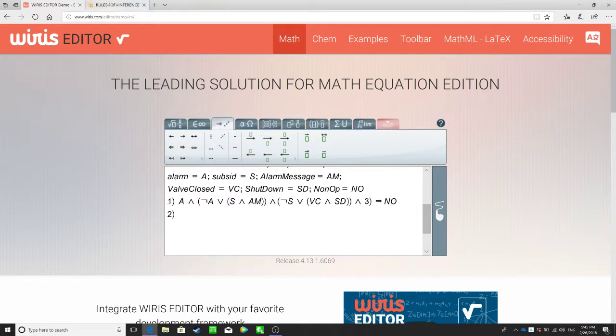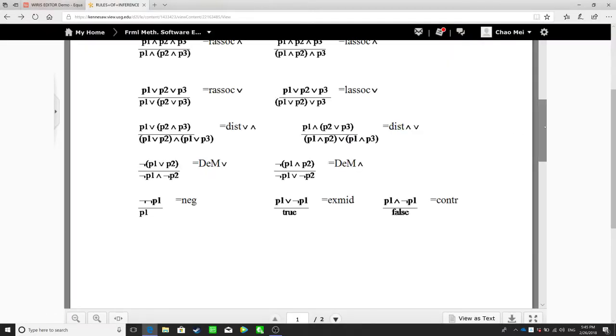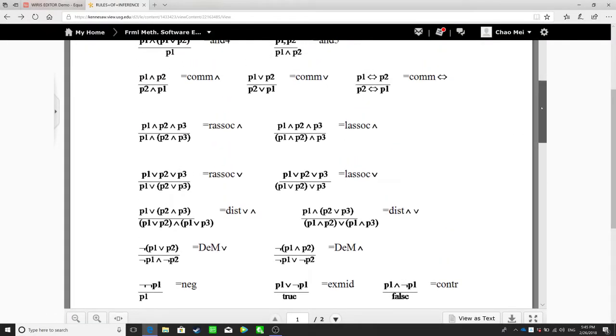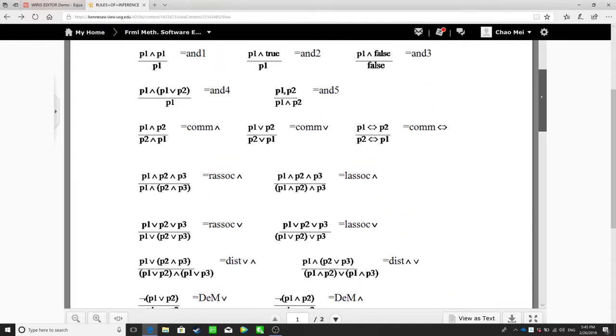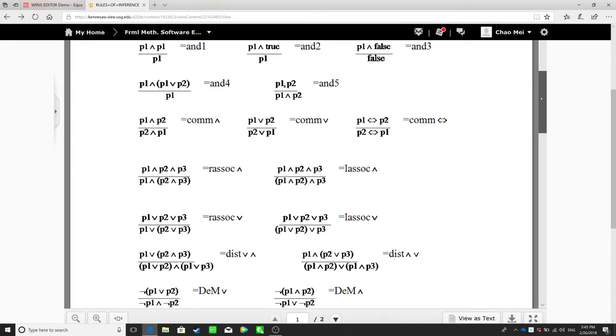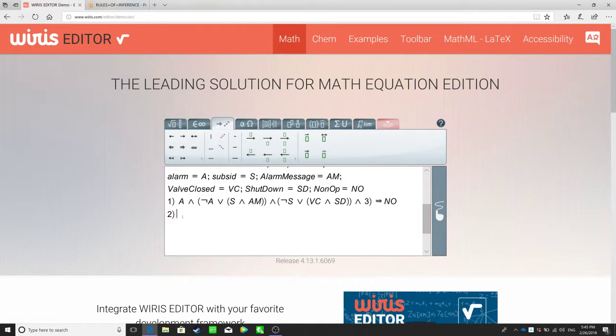If we look at these rules, basically it's distribution. We put this thing outside, inside, or combine things like that. Let's see if we can do something like that.